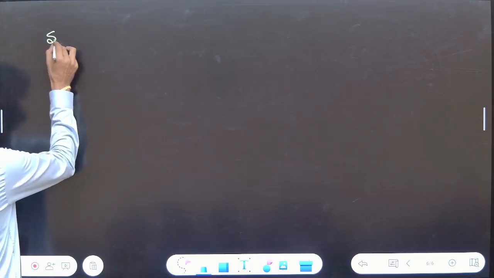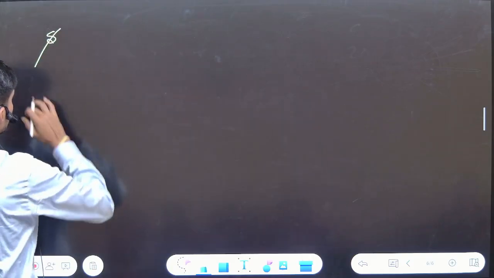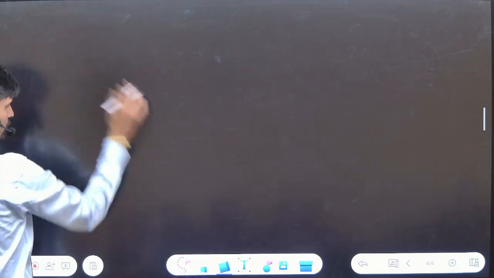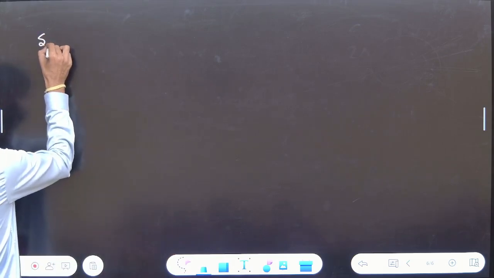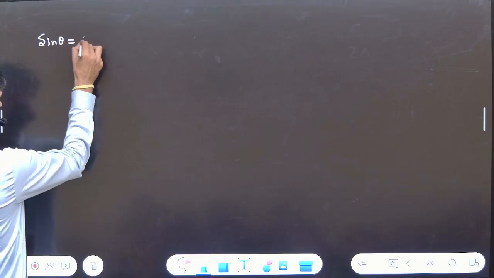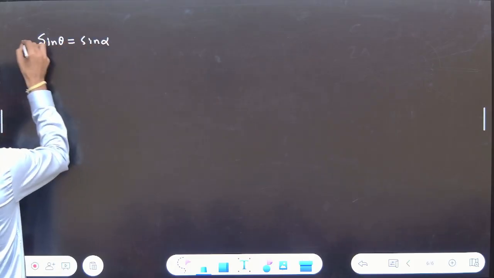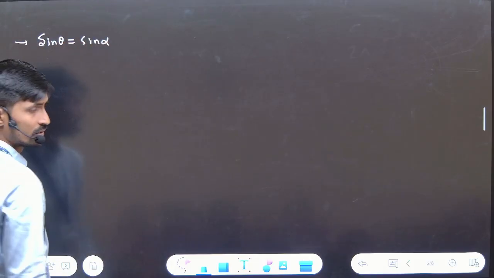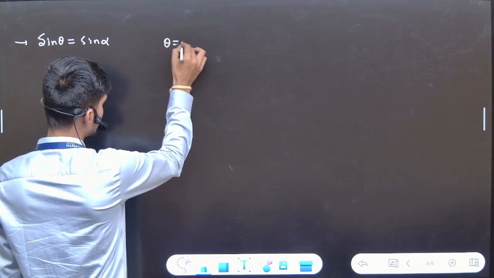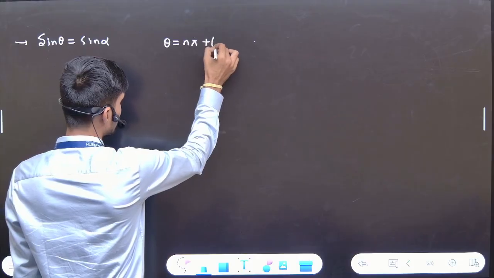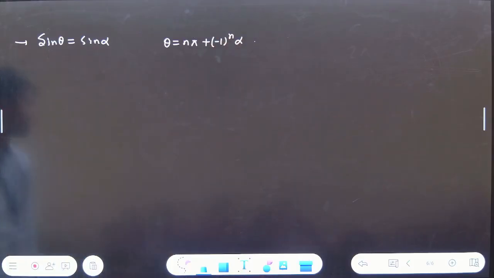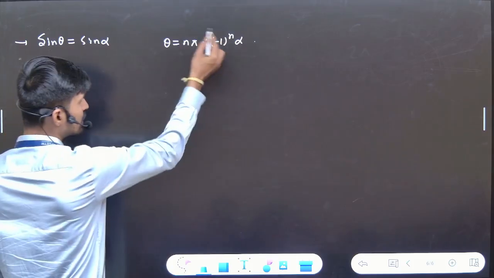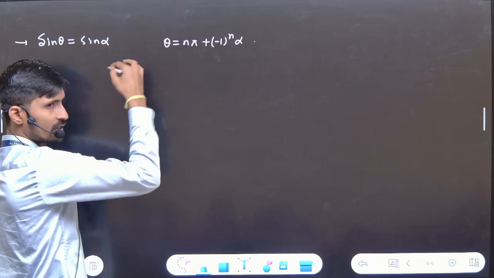Suppose I am asking sine theta is equal to sine alpha. Find theta. So here the formula will be theta is equal to n pi plus minus 1 raised to n alpha. That is the general solution. It means this can generate all infinite angles.